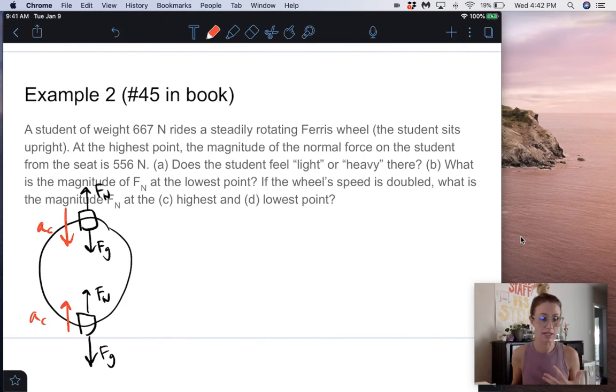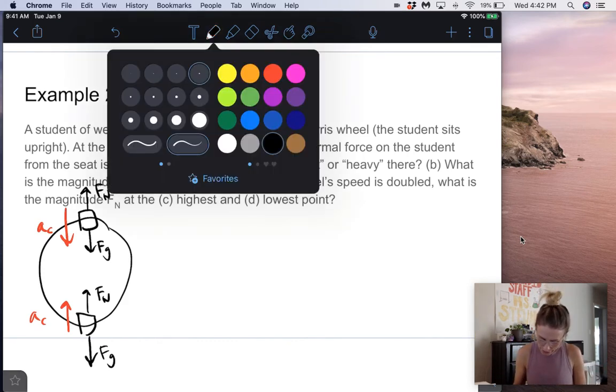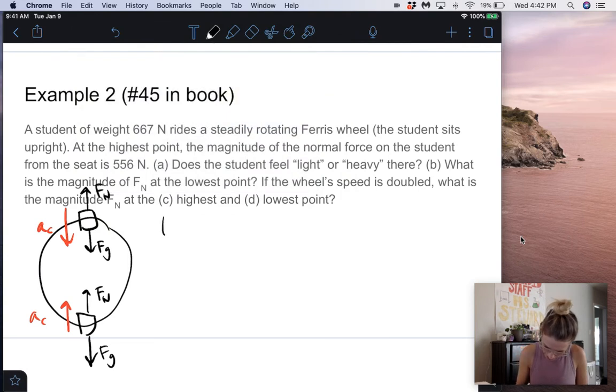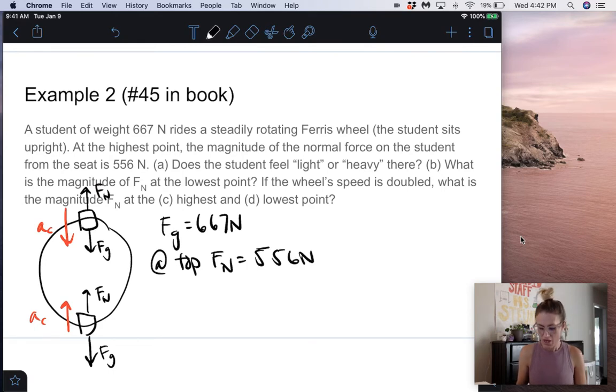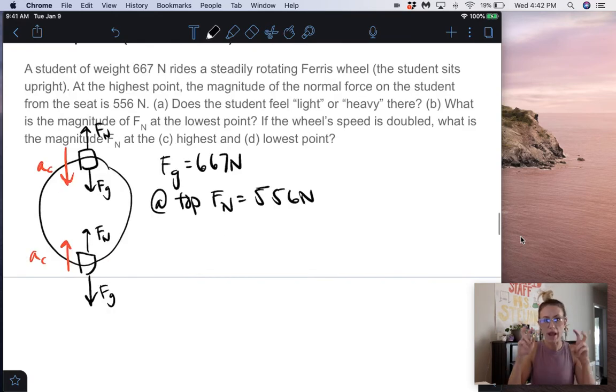So we know that they give us the student's weight, or the force of gravity, which is 667 newtons. Now at the top, the normal force is equal to 556 newtons. Remember, normal force is your apparent weight. It's kind of how you feel.